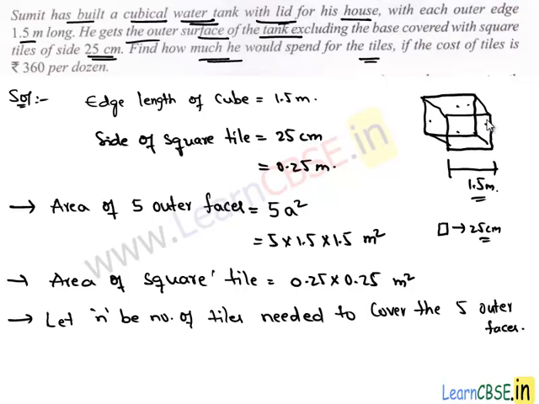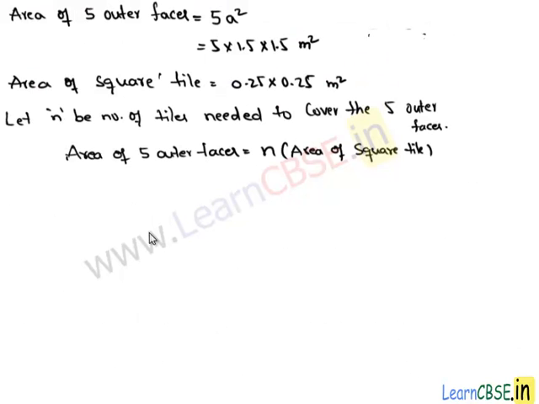Then the area of 5 faces must be equal to n times the area of each tile, because we are covering the entire 5 outer faces. Now substitute their values, that is area of 5 outer faces is 5 times 1.5 times 1.5 and n times 0.25 times 0.25.